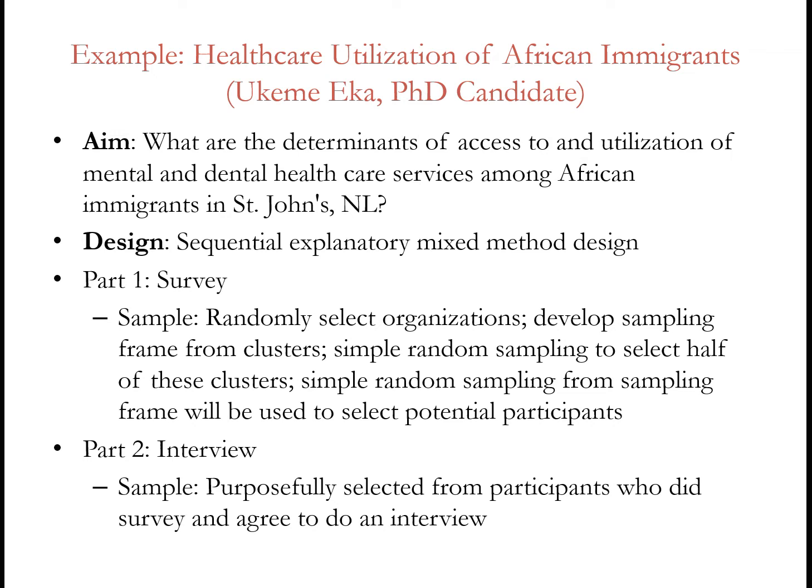Basically, the first part of his study is a survey. He's randomly selecting organizations, so that would be sort of purposeful sampling in that way, but people that would be aware and have lists and be able to market towards African immigrants in St. John's. So things like churches, specific not-for-profit organizations, etc. And then developing a sampling frame from these different clusters.